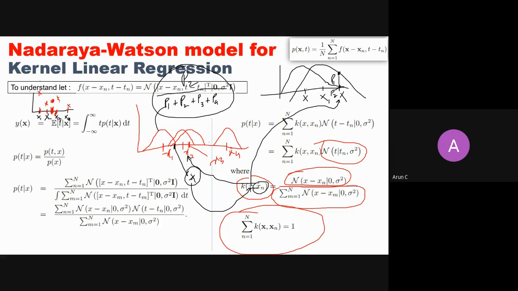This is for x3, this is for x2, and this is for x1. So I am weighting in terms of x2 and x3 more, because where I am predicting is nearer to x2 and x3. I hope all these things are making sense to you guys.